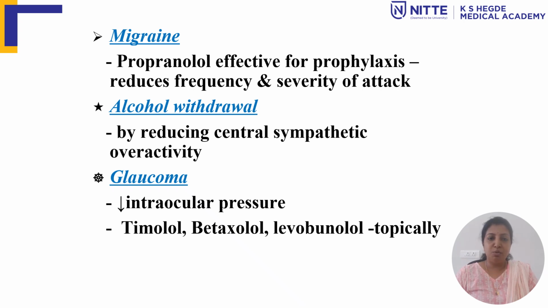Blockade of beta 2 receptors in the ciliary epithelium reduces aqueous humor, which can reduce the intraocular pressure, and they can be beneficial in glaucoma. You can use drugs like timolol, betaxolol, nebivolol. These are topical beta blockers which are applied into the eye as eye drops in glaucoma.